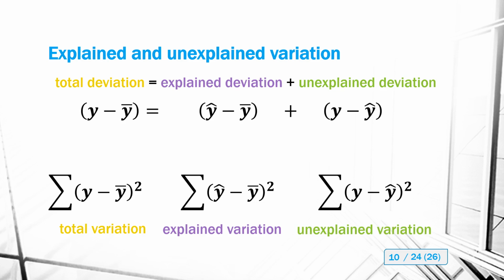So it makes sense that if the total deviation is the sum of the explained and unexplained deviations, then the total variation would be the sum of the explained and unexplained variations. This is an important relationship that comes from making and using statistical models. The total variation in our model is the sum of the explained variation and the unexplained variation.